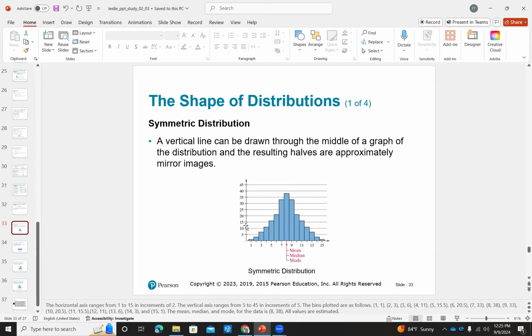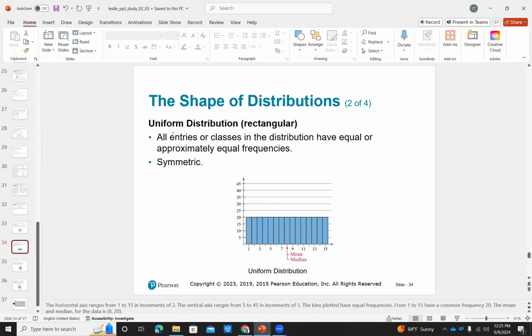So this is symmetric distribution. What is very important for symmetric distribution is mean, median, and mode. They all land on the same location. This is just a perfect distribution, that mean, median, mode at the same point, and this is called symmetric distribution.